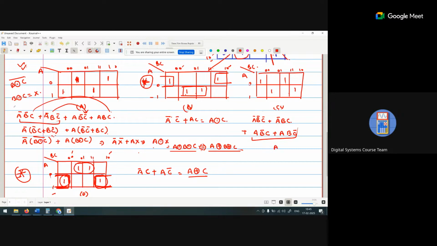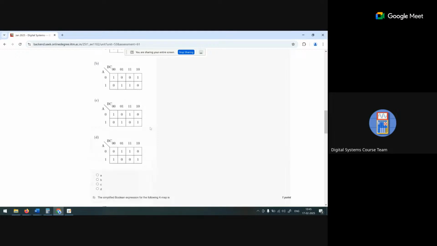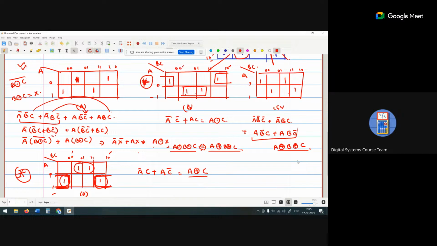Now similarly the case for this one also. It is also A XOR B X. If I take A bar as common, that is A bar (B bar C bar plus B C).